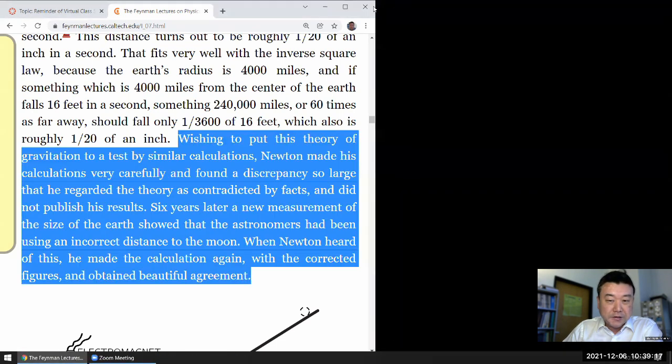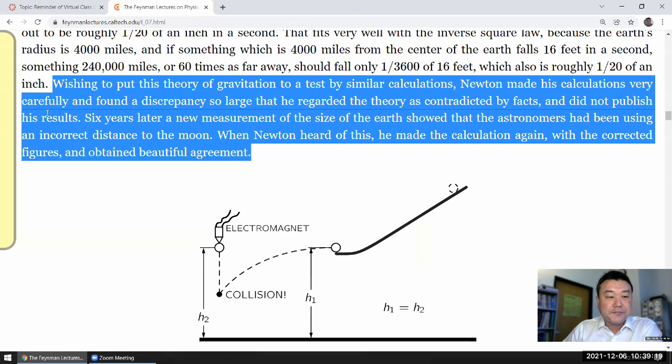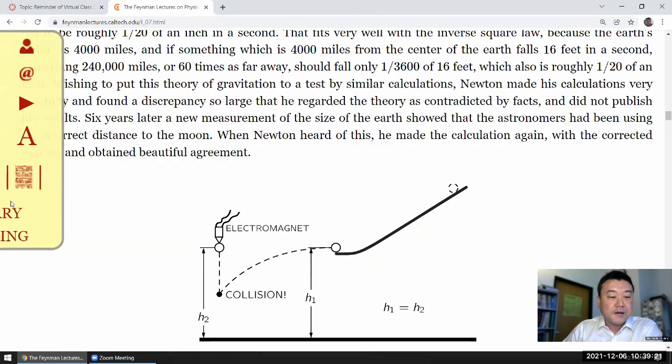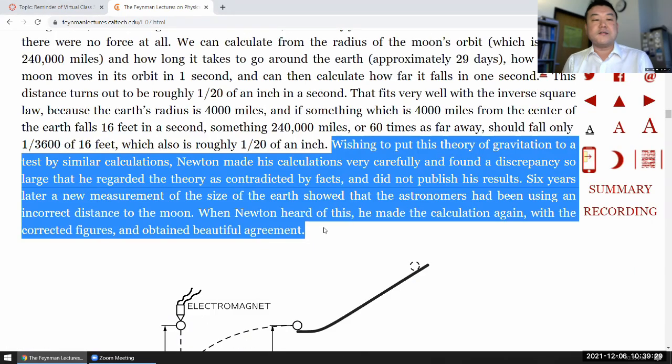You know, we make a prediction and we test that prediction against experiment, against known facts, experimental data. I guess Newton didn't really do any experiment of his own. He was relying on measurements made by others.